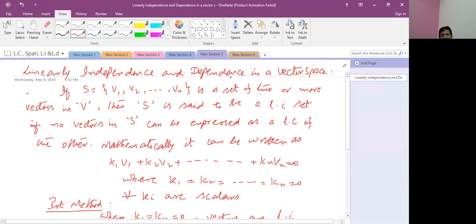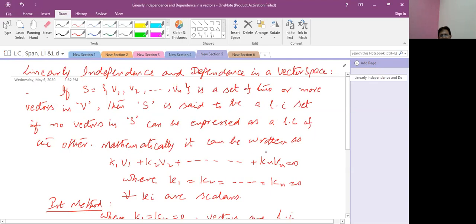Linear independence and dependence in a vector space: if S equals {V1, V2, ..., Vn} is a set of two or more vectors in V, then S is said to be a linearly independent set if no vector in S can be expressed as a linear combination of the others. That's why we call it a linearly independent set of vectors. Otherwise, the vectors are linearly dependent.